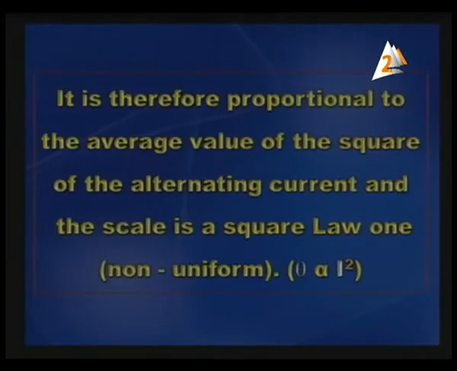It is therefore proportional to the average value of the square of the alternating current. And the scale is a square law scale. So it's not uniform. This is very important.